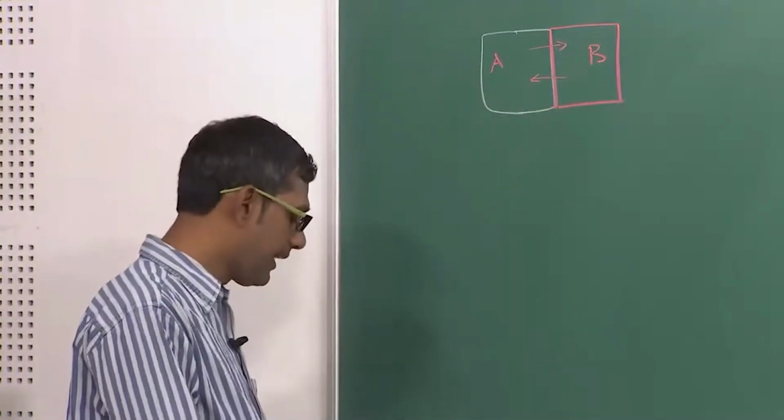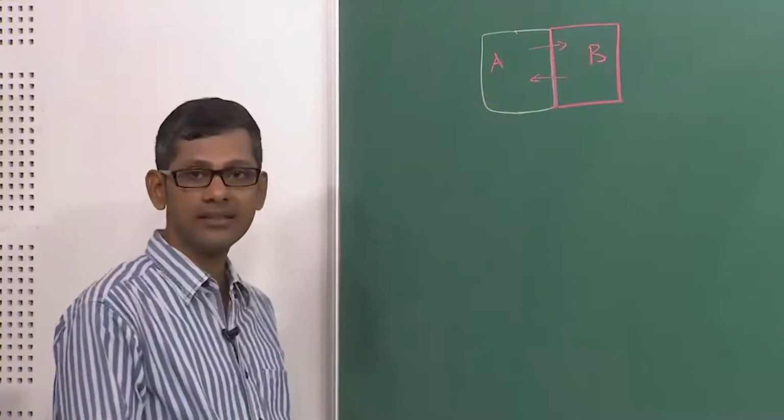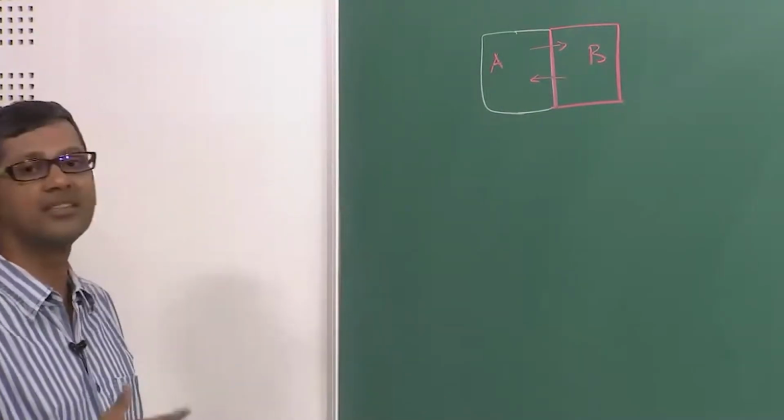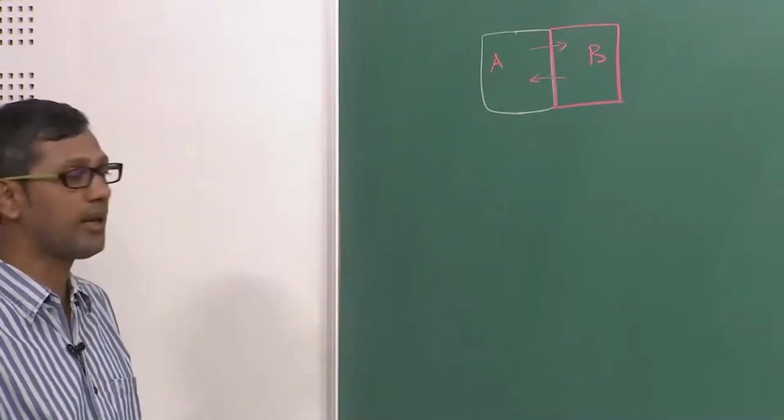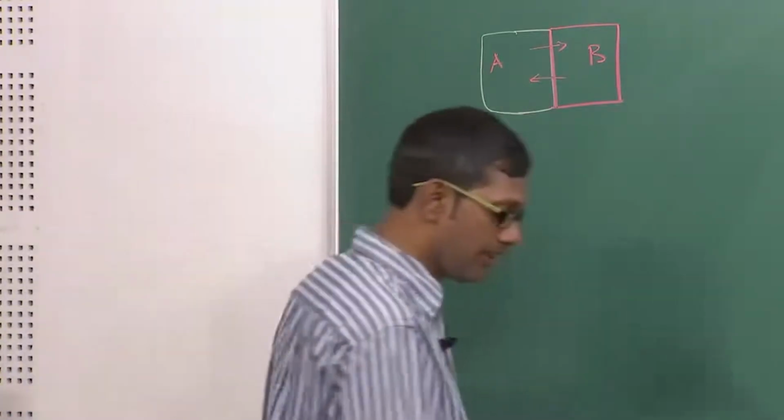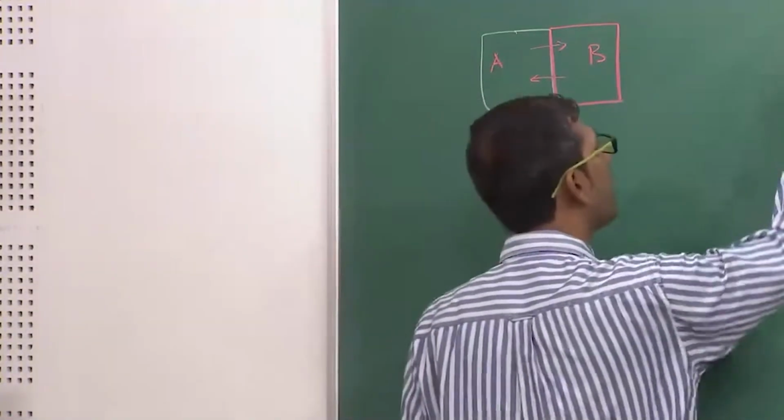Now, this gradient is obviously, in a very macroscopic sense, responsible for the diffusion to happen, but that is not the main reason. The main reason for diffusion happening is the thermodynamics.